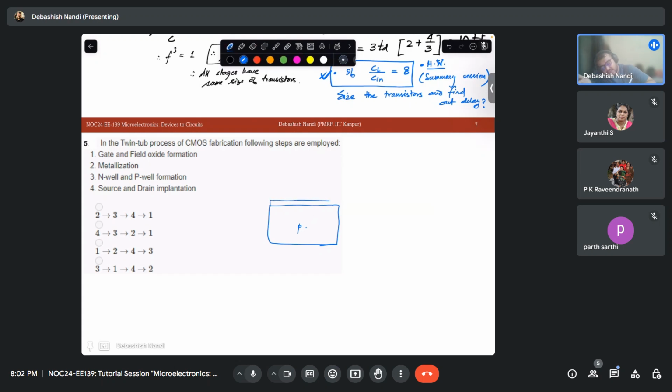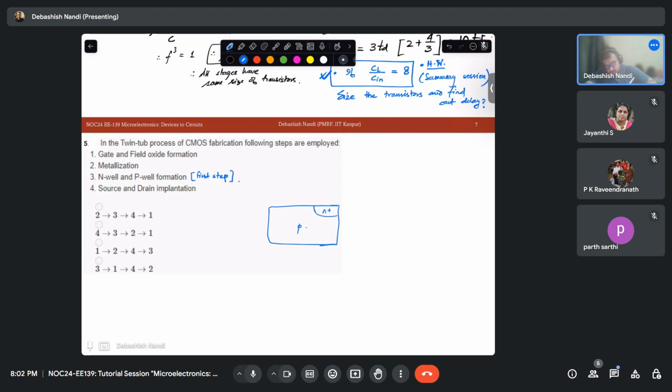Then you oxidize it, then you apply photoresist, then you apply UV light using a mask, then you etch this much, then you apply your tubs, right? Then you etch the entire stuff. So once this is made, this is the first step you do. Okay, so tub formation is the first step you do.